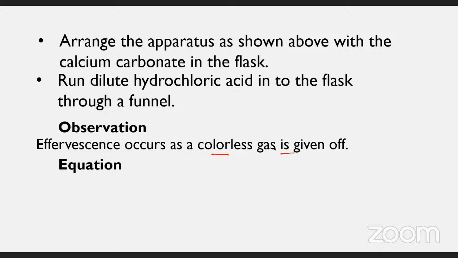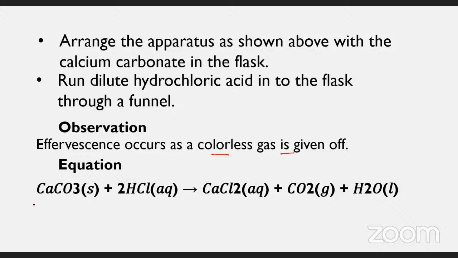Then the equation or the reaction. We have calcium carbonate, which is a solid, and then we add hydrochloric acid. Then we shall form calcium chloride, which is aqueous, then carbon dioxide gas, and finally, water.